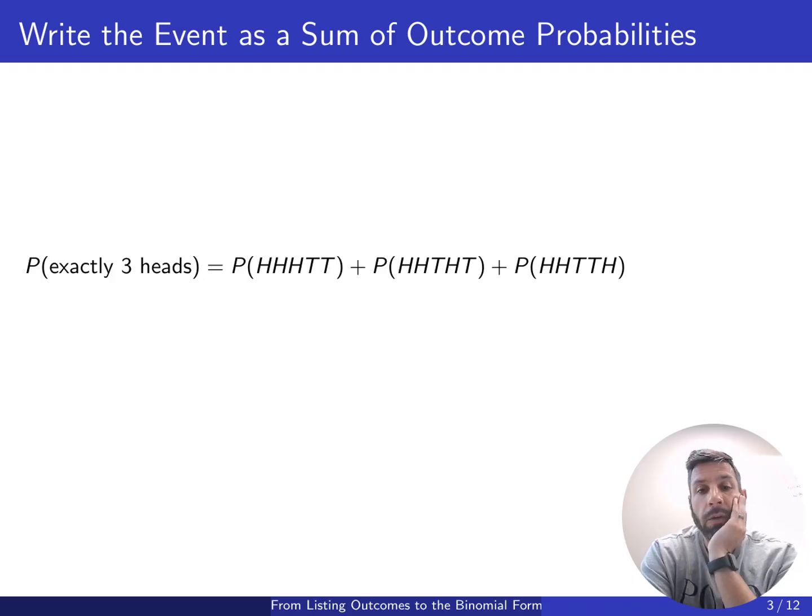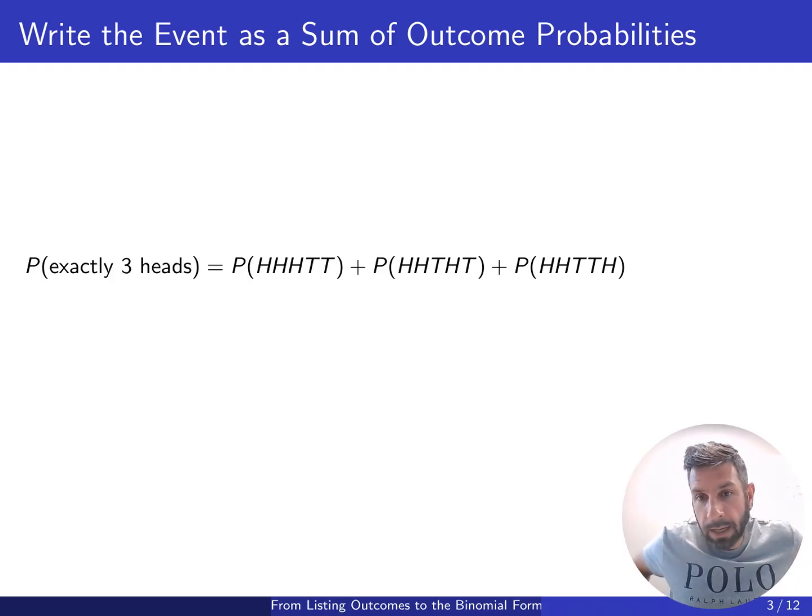So what we're going to do is start by counting the favorable outcomes in a way that hopefully leads us to recognizing a useful pattern. The probability of getting 3 heads is the sum of the probabilities of all the outcomes in that event.